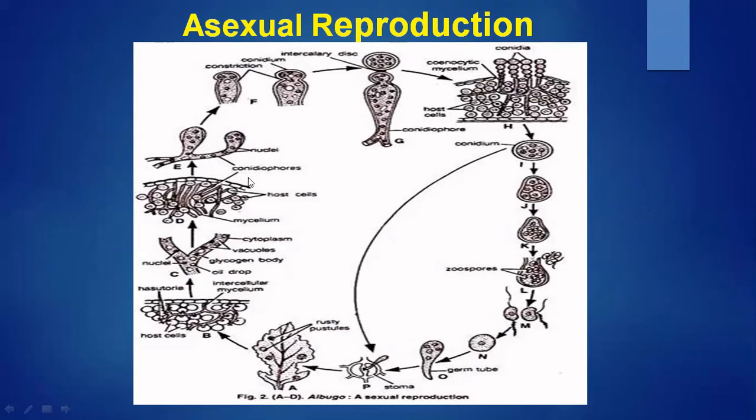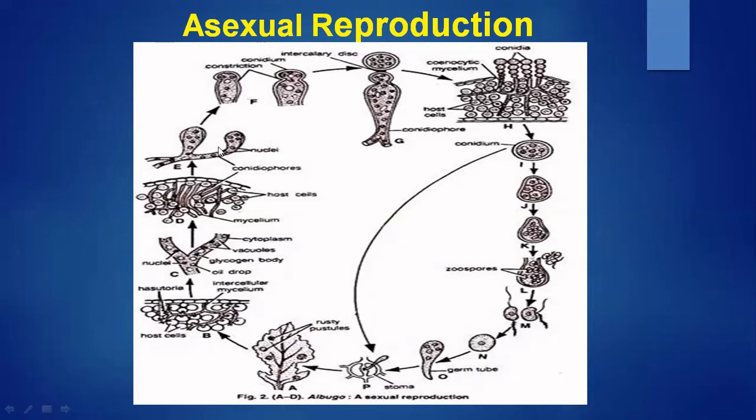After that, what happens? The apical end of this conidiophore is multinucleate. Why is it multinucleate? Because the mycelium is multinucleate, cenocytic. That's why the sporangiophore or the conidiophore is also multinucleate, and it is densely cytoplasmic. You can see dense cytoplasm at the apical end of the conidiophore.